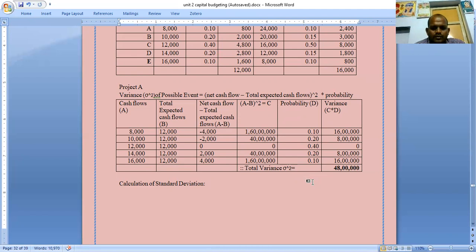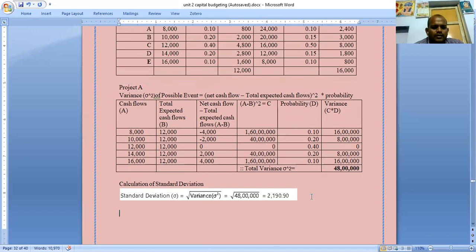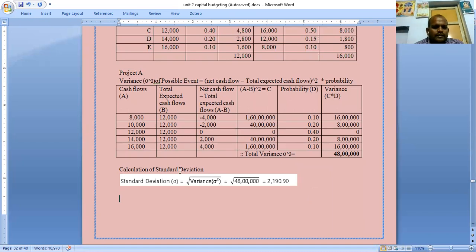It comes around 2190.90. So by applying the same procedure, we have to calculate the standard deviation for project B.